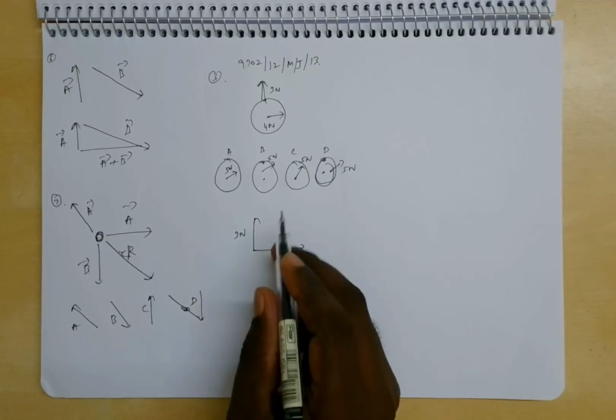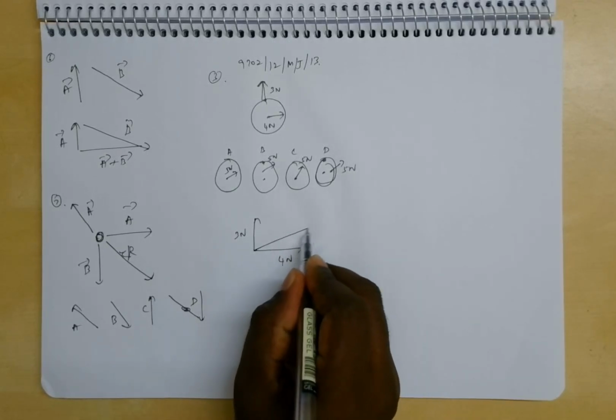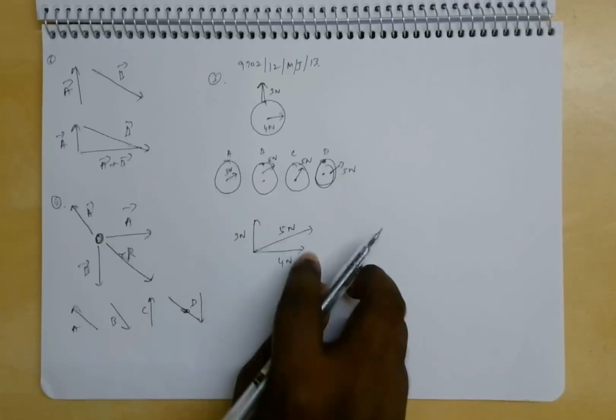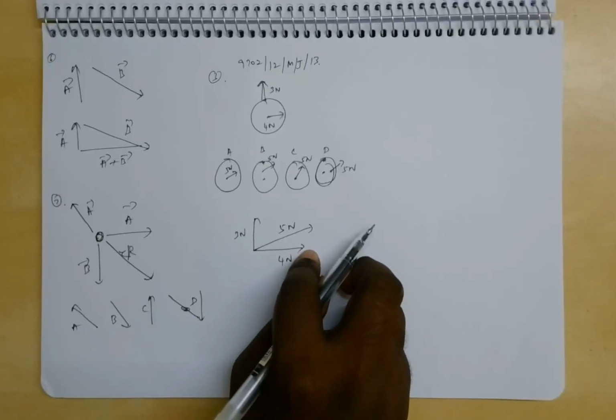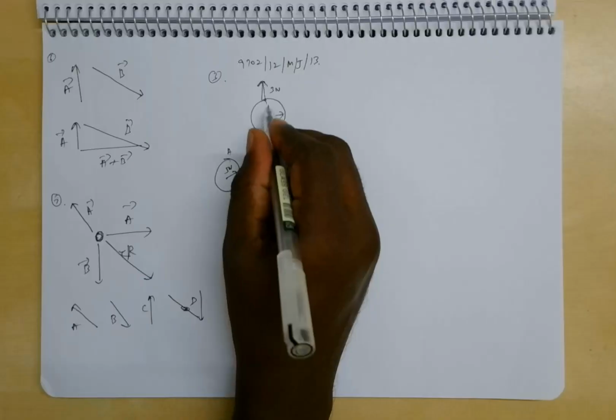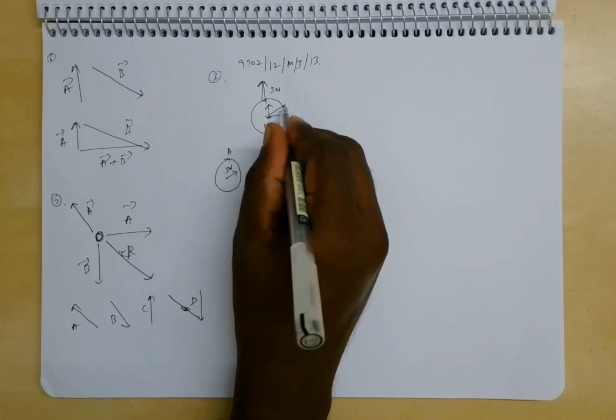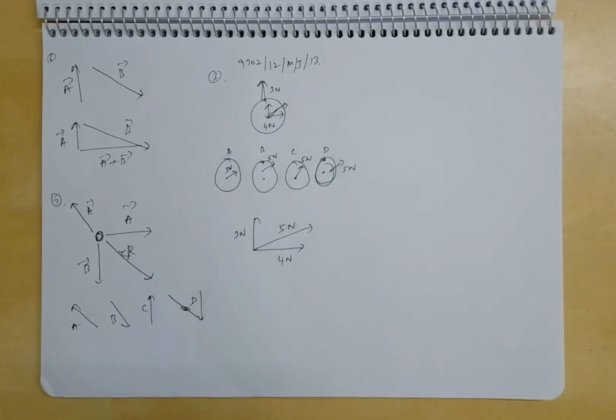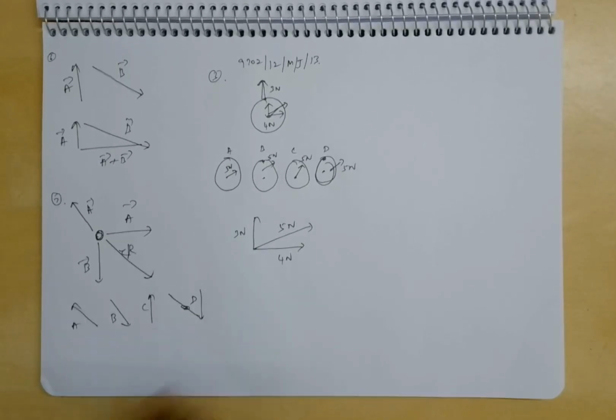So resultant will be closer to 4 Newton. Okay, where the forces meet, 3 Newton we can move it here. So it will be close to 4 Newton. Right answer. Super. Okay.